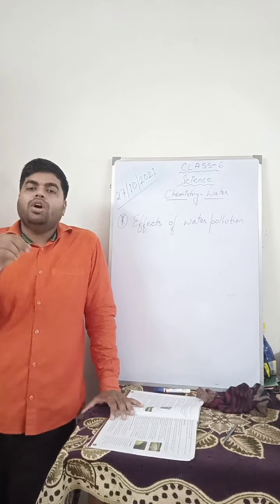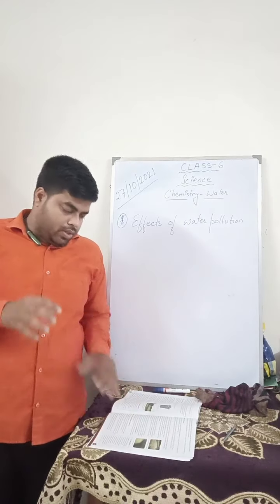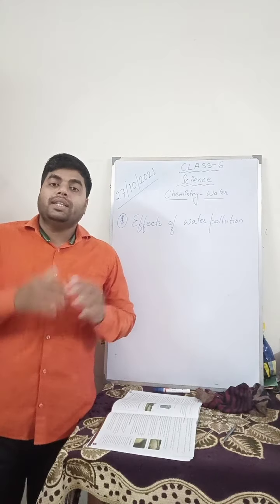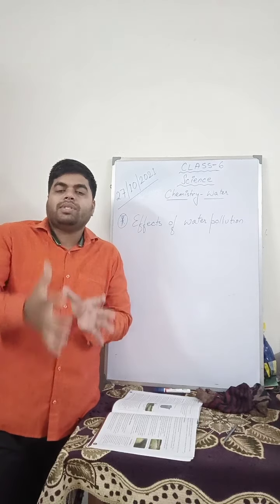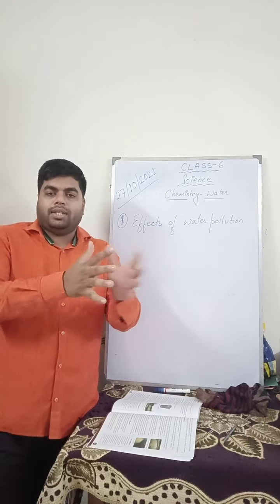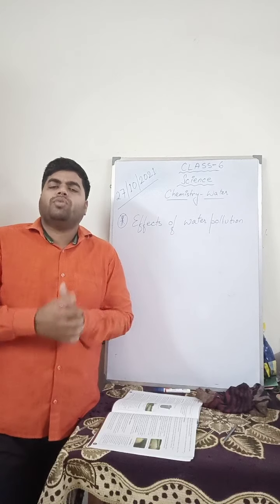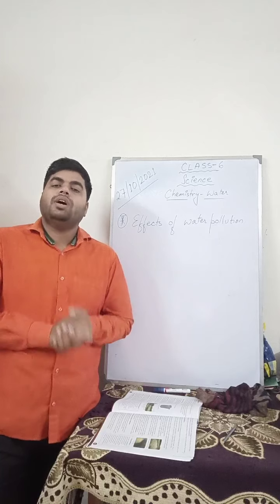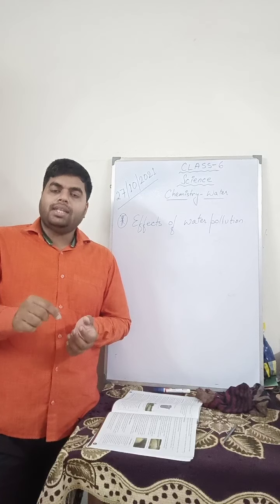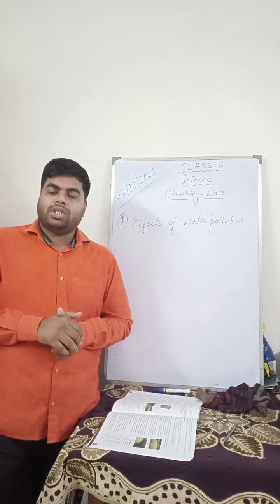In the same way, when thermal pollution takes place, it changes the temperature of the water. When hot water reaches stagnant water, that is water in a pond or some water bodies, it increases the temperature of the water present in the water bodies. Thus, this leads to a decrease of oxygen.